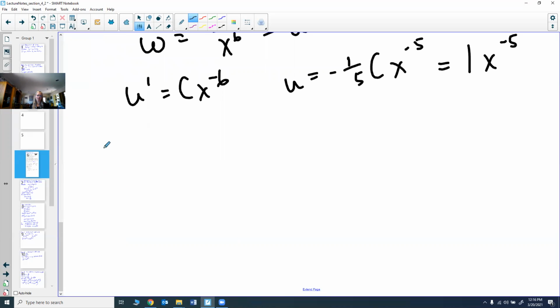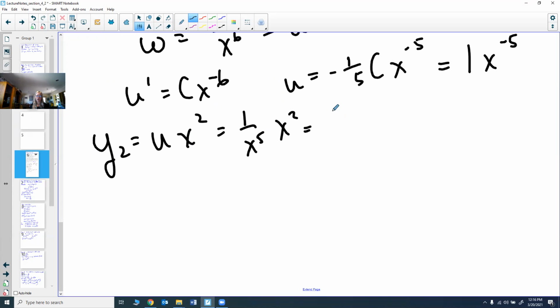And again, we can do that because when we go to write the equation, y sub 2 is going to be that u times y1. And y1 was x squared. So it's going to be 1 over x to the 5th times x squared, or 1 over x cubed.